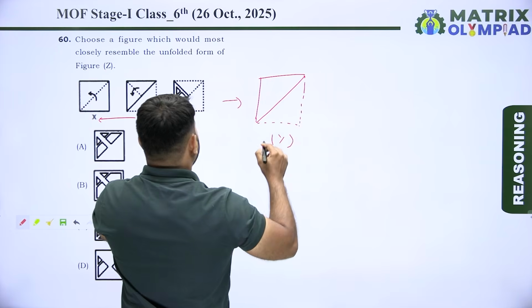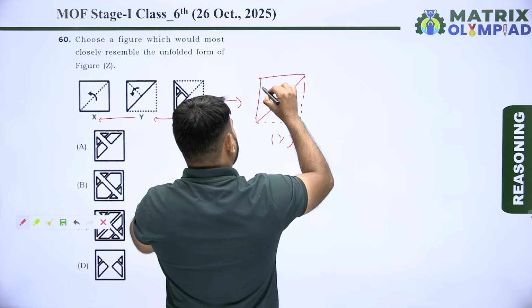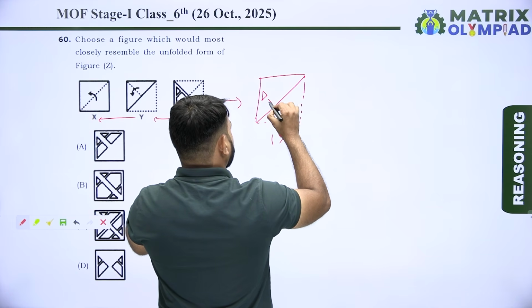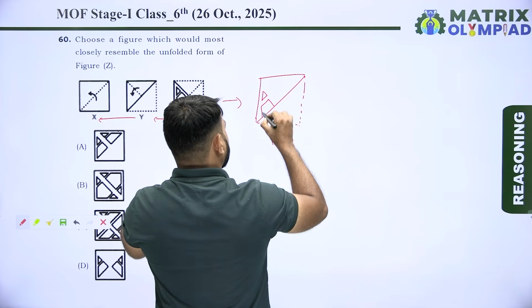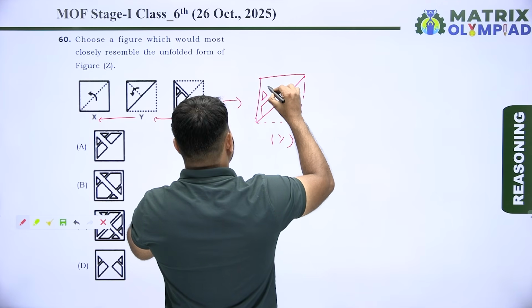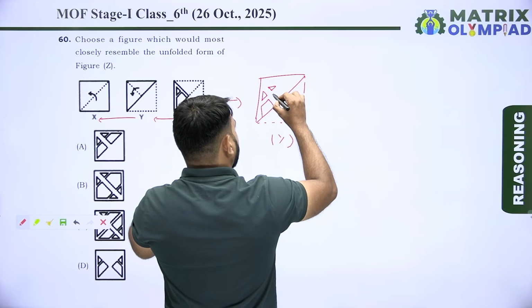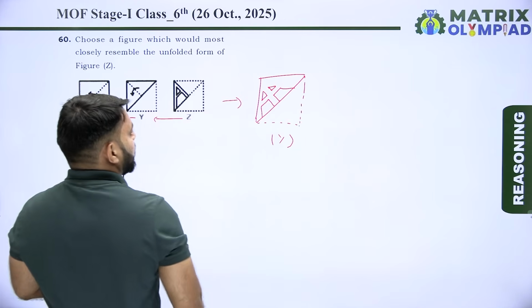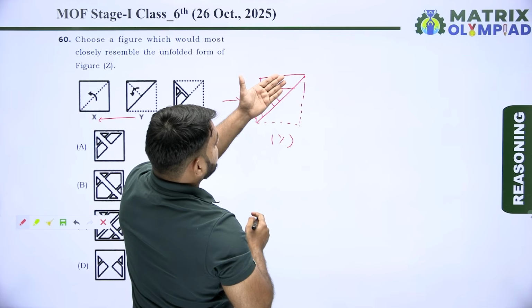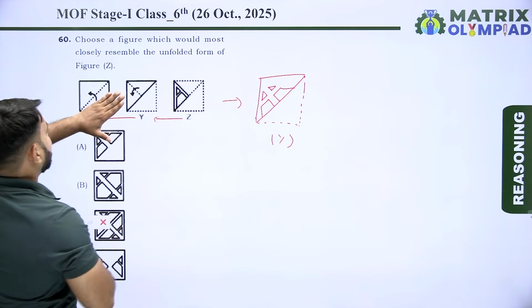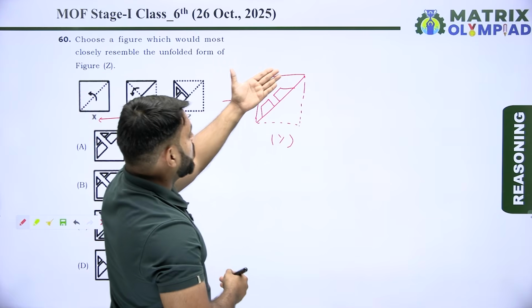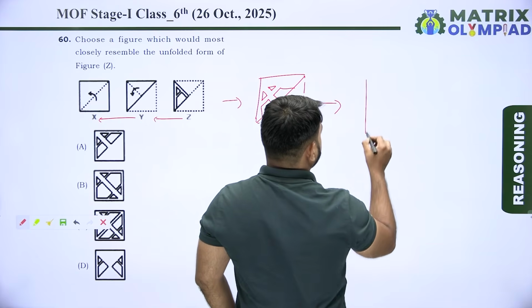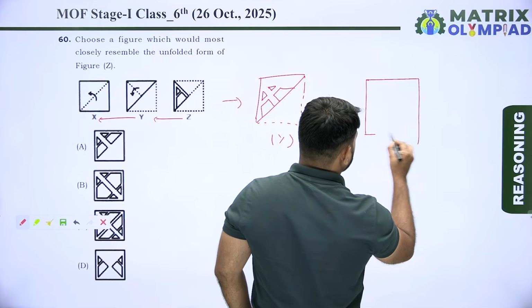This is Y. Now the image of Y after unfold. Now unfold the Y in this direction because X has been folded in this direction, so now Y will be unfolded in this direction. So now unfold the Y, then we get an image something like this.